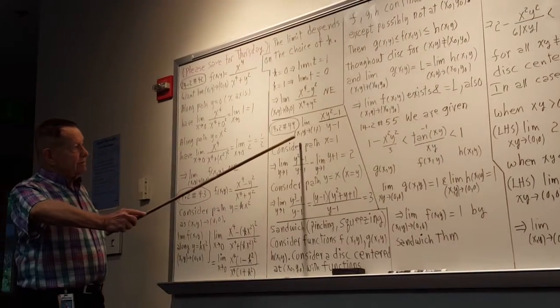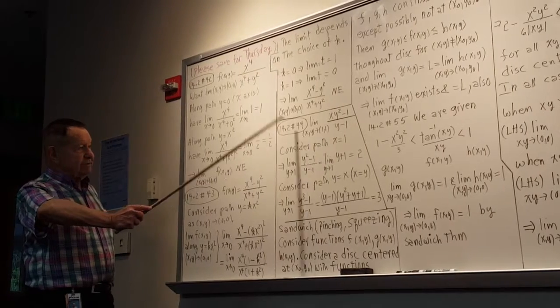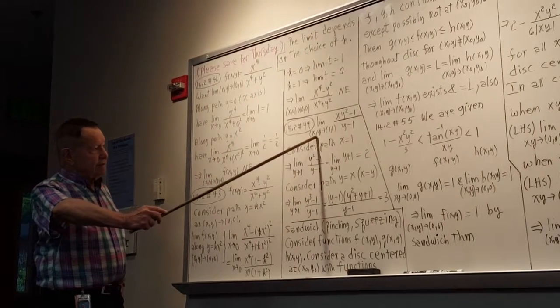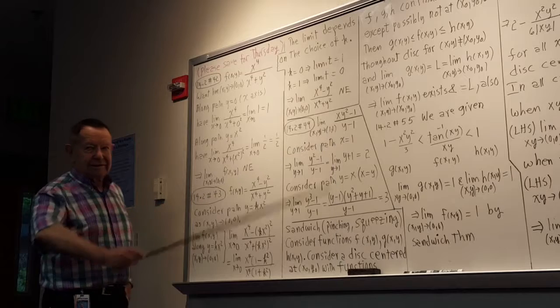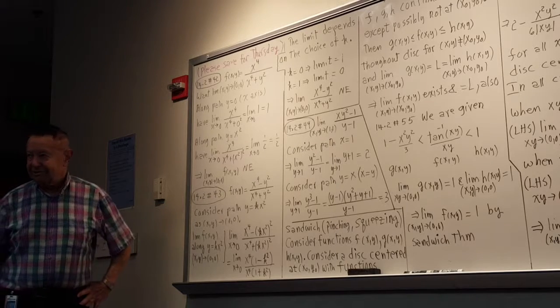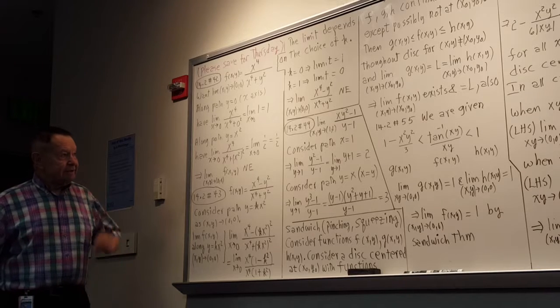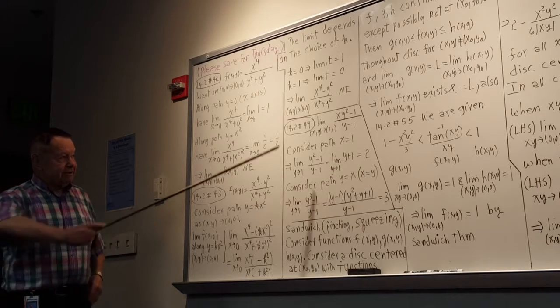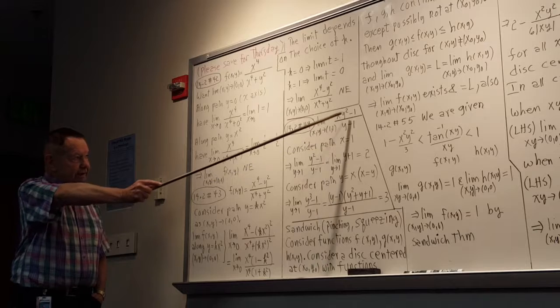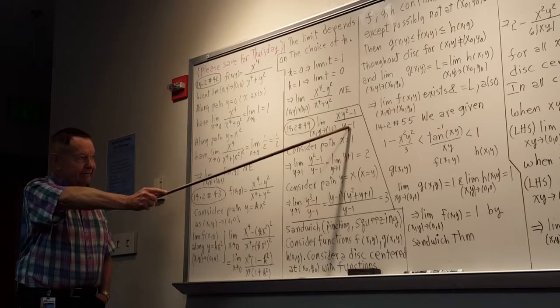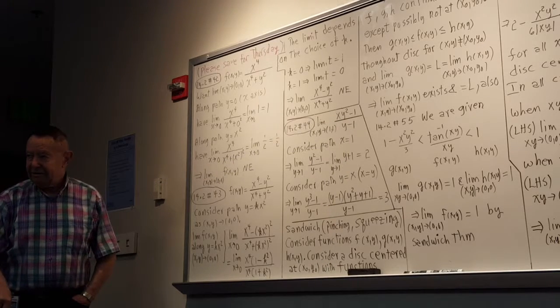So here, the difference between these that we've done and this one is that it doesn't have to be just at 0, 0 that you fail to be able to get a limit. So this one, you notice my x, y is approaching 1, 1, where I have a 0 over 0 form.